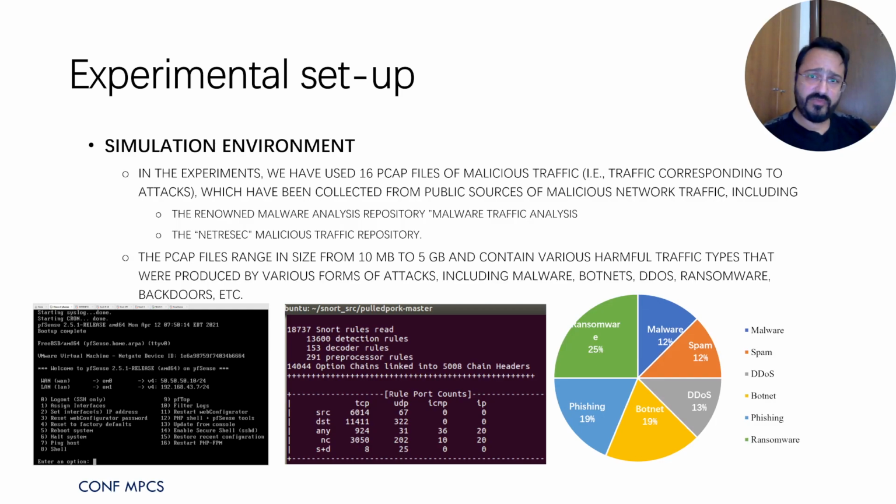These files were between 10 megabytes and 5 gigabytes, depending on the file. In these datasets, there were various attacks. You can see in this pie chart the share of each: spam 12%, DDoS 13%, botnets 19%, phishing 19%, ransomware 25%, malware 12%.